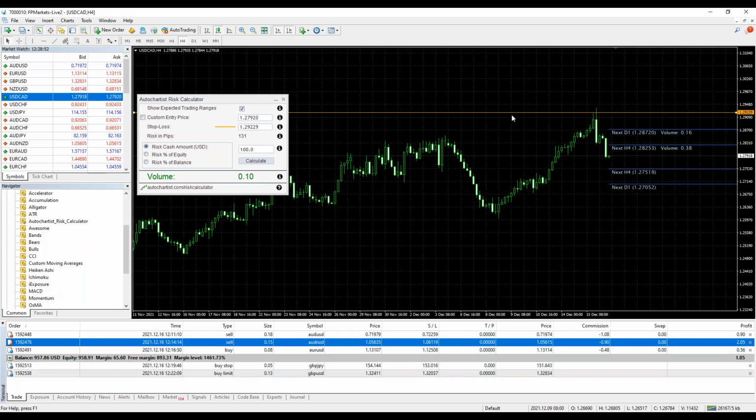So what Autochartist does is that it looks at the 15-minute, 30-minute, hourly, 4-hourly, and daily volatility on a Thursday. What's the time for me now? So it's on a Thursday at 4:30 a.m. for USD CAD, okay? And says what has happened for that hour of day over the last 6 months.